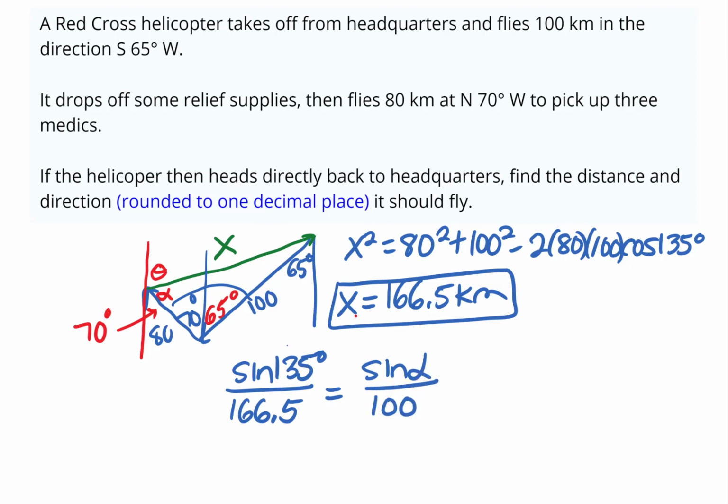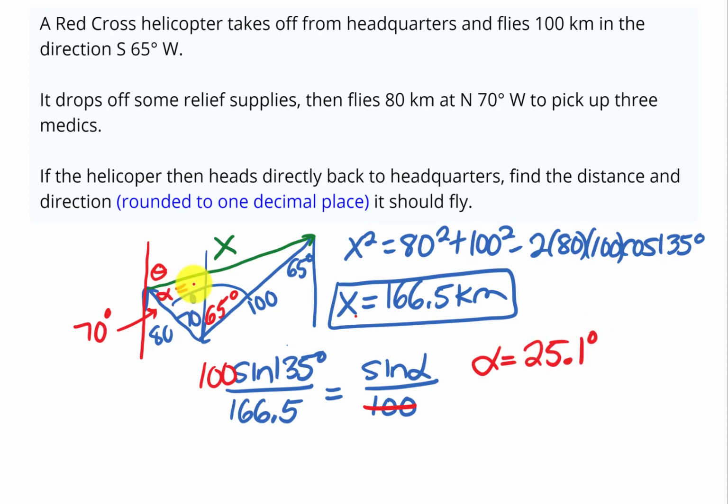So I can multiply the 100 over here and in my calculator do inverse sine of 100 sine 135 degrees divided by 166.5, but I'm just using the answer that's already in my calculator so I don't lose accuracy in rounding. That tells me that alpha is 25.1 degrees.